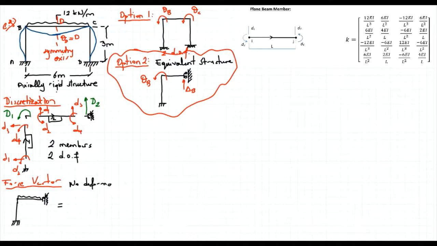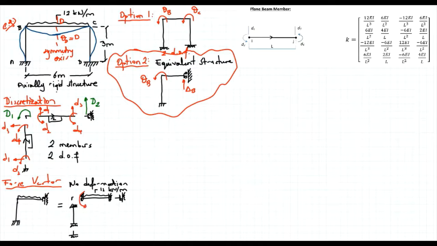So what are the loads? As a representation, that's the way we show it. We make all the degrees of freedom equal to 0, and we end up with a structure like that. I have a member load here whose magnitude is 12 kilonewton per meter, and we want to calculate the fixed end forces and moments.